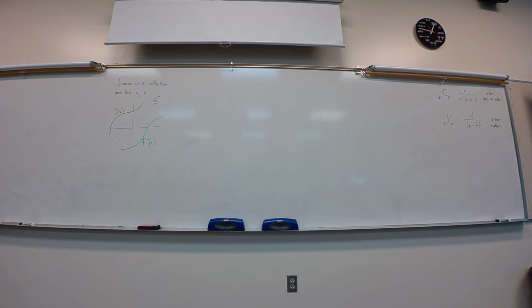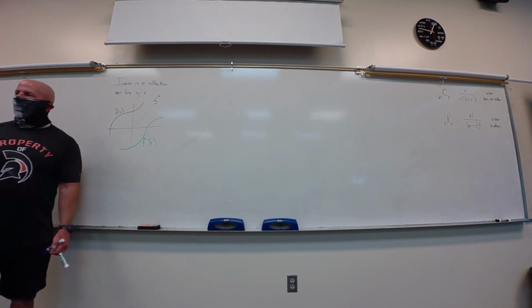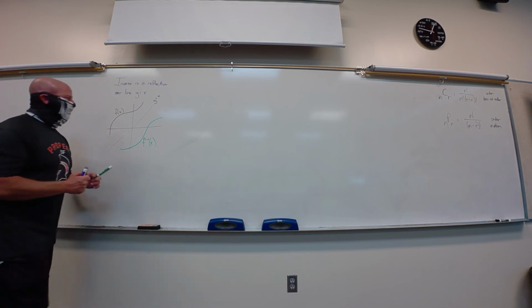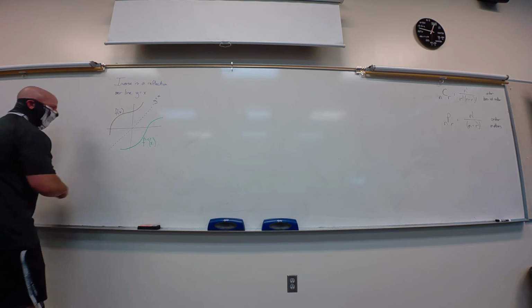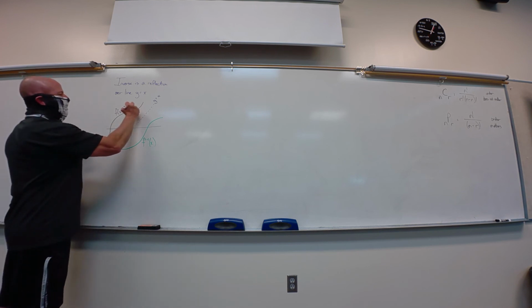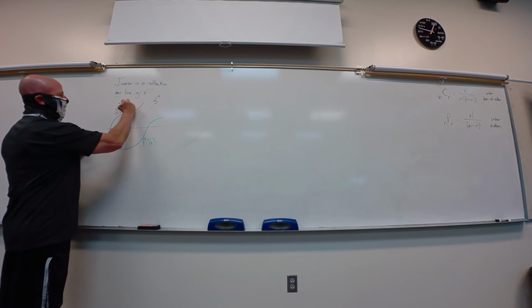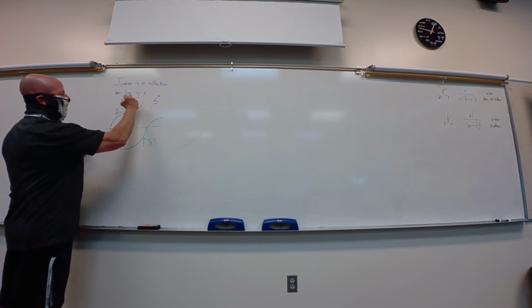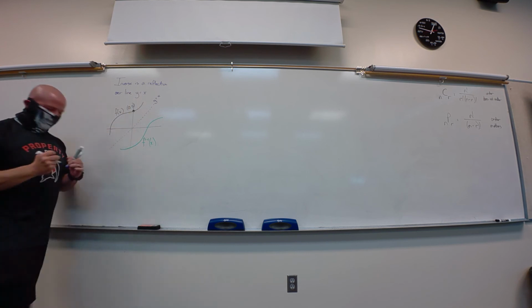So really what has happened on an inverse is the points, the ordered pairs, switched. So I'll give you an example here. Let's say this ordered pair right here is (0, 5).